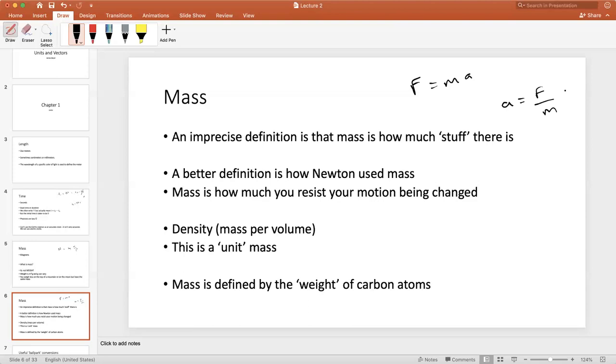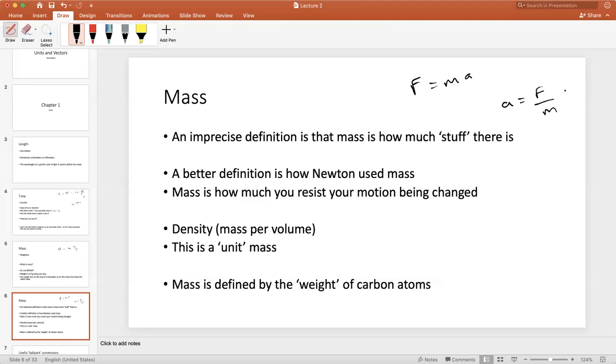And that's something called your inertia. It's your inertial mass. It is how much stuff, the more mass, but it's constant. You have the same mass on the moon as you have on Earth, as you have on the other side of the galaxy. It's an inherent property of matter, which you need to make sure you understand.